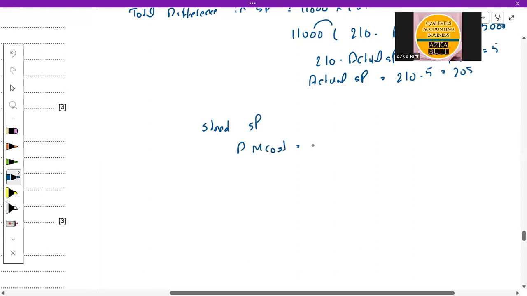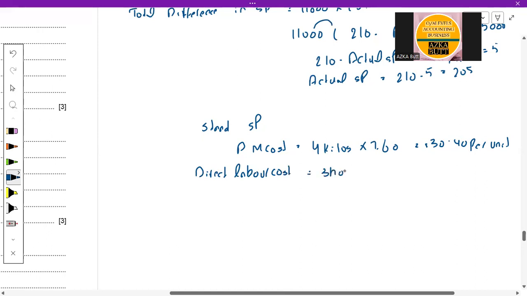is equal to 4 kilos multiplied by $7.60, which is equal to $30.40 per unit. And the direct labor cost is equal to 3 yards multiplied by 10.50, and this is equal to 31.50 per unit.